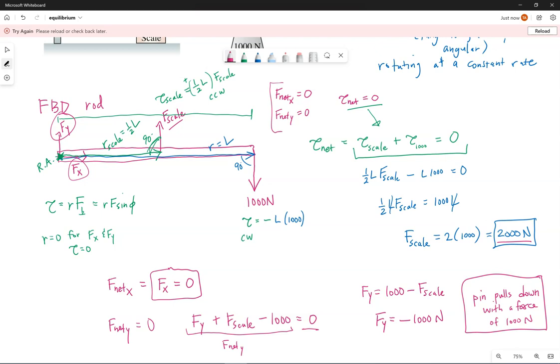You just go ahead and choose a direction, you draw it in your free body diagram, you set up all your equations based off the direction you've chosen. Your algebra, the mathematics of it, will let you know if the direction was right or not. If we came up with a positive answer, the direction we drew would have been correct.